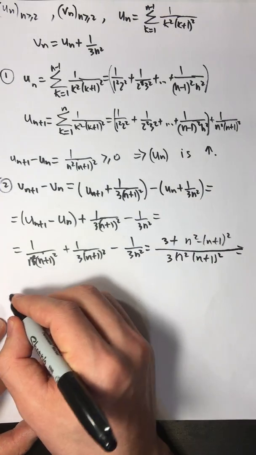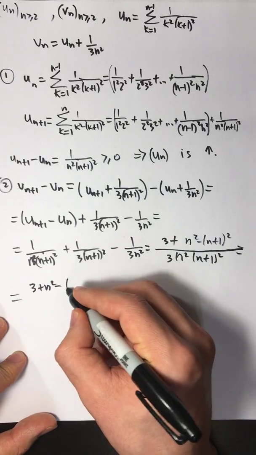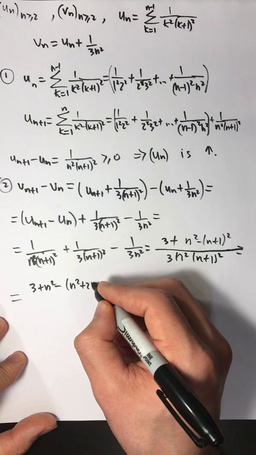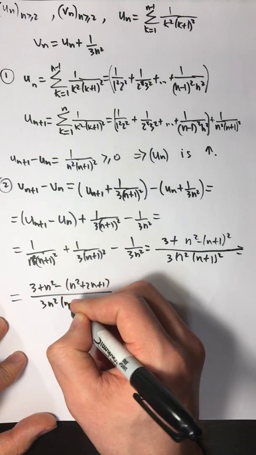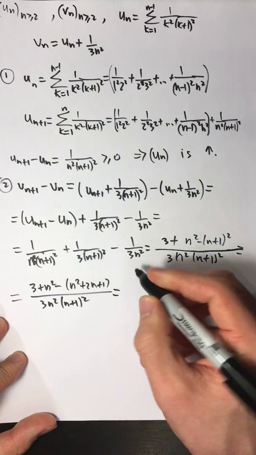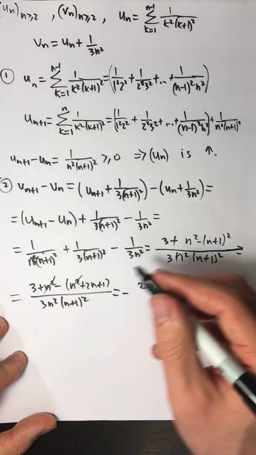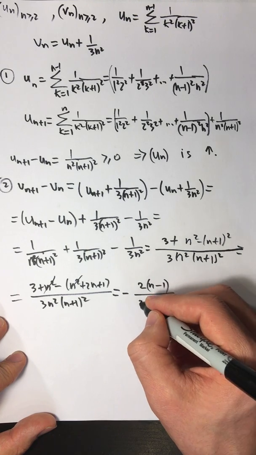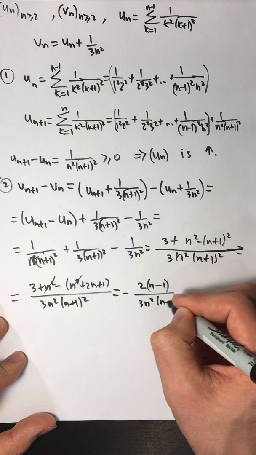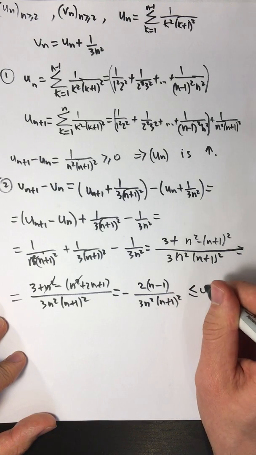And if you calculate this, 3 plus n square minus n square plus 2n plus 1, divided by 3n square n plus 1 square, is equal to minus 2n plus 1 like this, over 3n square n plus 1 square. So this is less than or equal to 0.